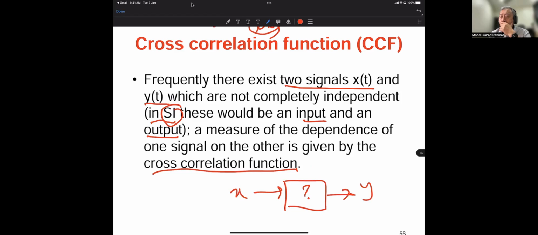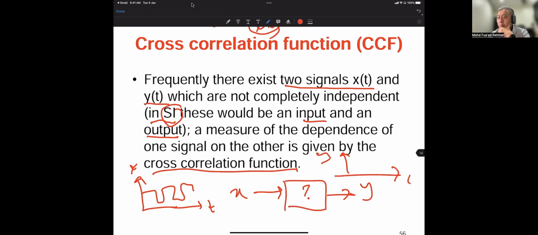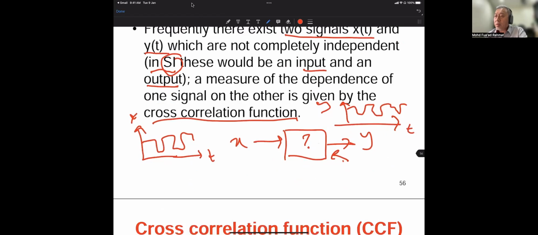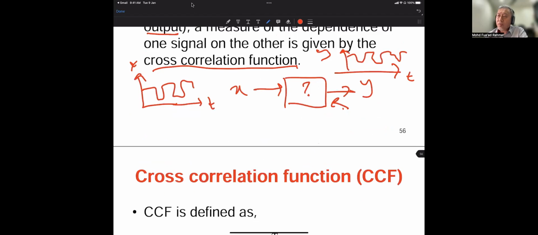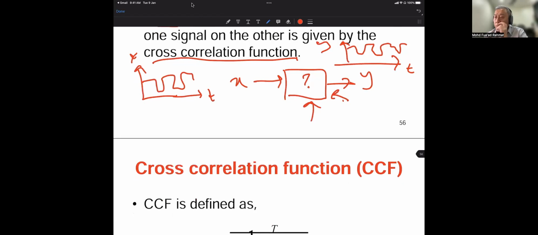Let's say we have a square wave as x, and for y we observe the output. It will try to follow the input if the model is linear. If not, it is non-linear, so we have to figure out what the non-linear factor is in the unknown model.